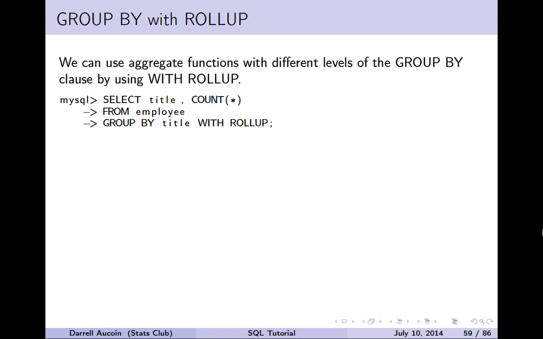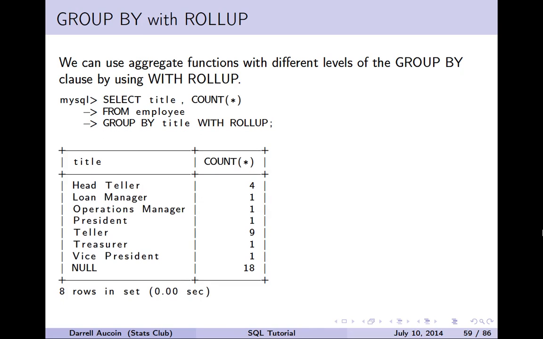If we do roll up, this basically aggregates up by each level. For instance, if we have 1 here, it will return a null value at the very bottom. As you can see, 4 plus all of those up there will add up to 18, and that way it gives you levels of aggregation in one table.